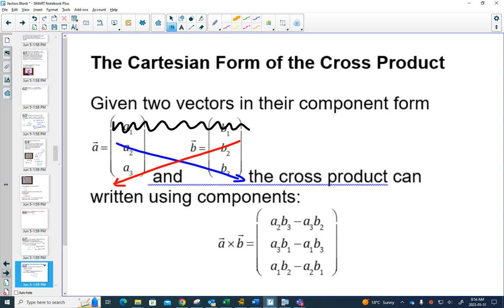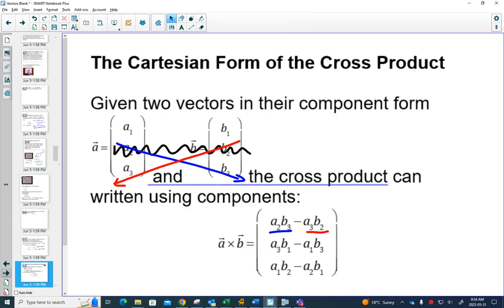Remember we did the determinant like this, where you multiplied these and subtracted? Notice A2 times B3, that's there, and B2 times A3 gets subtracted there. For the second one, we would now cancel out the second row.